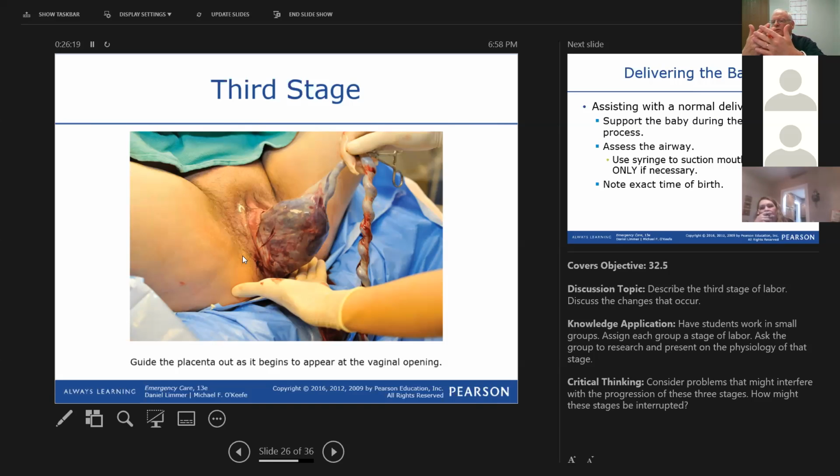So when we contract the uterus, it contracts down on those blood vessels. If we all of a sudden open it up, those blood vessels are going to bleed freely. There's no way to clamp them back down. So never, ever, ever pull anything out of a mom, okay?